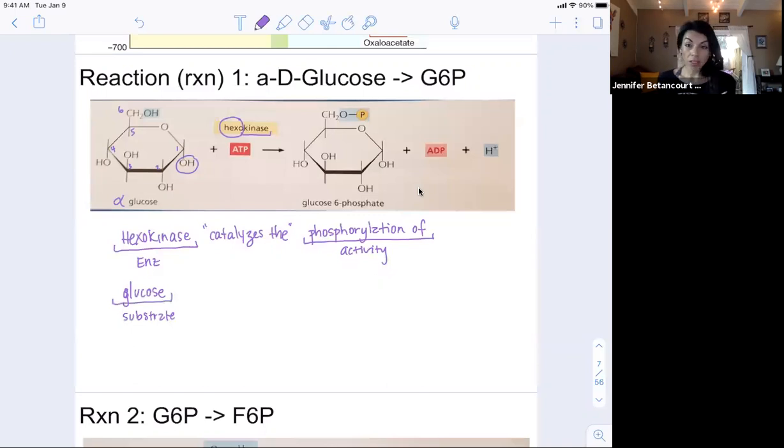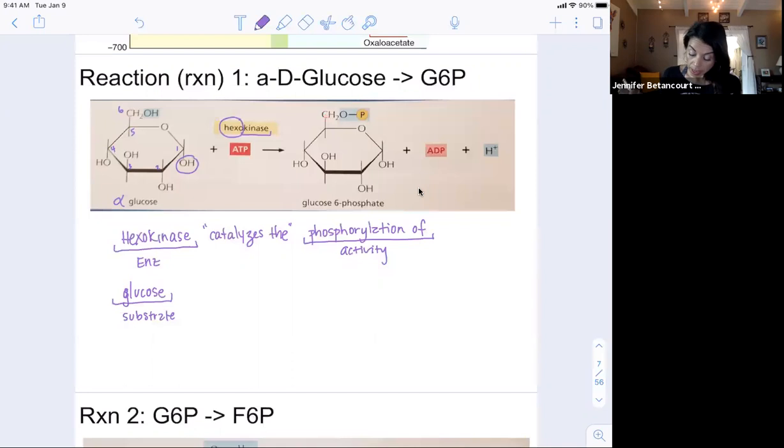And you need a little bit more detail. So the phosphorylation, great, but now I'm going to ask where, because there's a lot of places that molecule can be phosphorylated, and this picture tells you exactly where. So it's doing this at, and the way that we describe sugars being modified, we describe them by the carbon that's being modified, even though the phosphate is not directly connected to this carbon, this is the carbon that has been modified, carbon number 6.